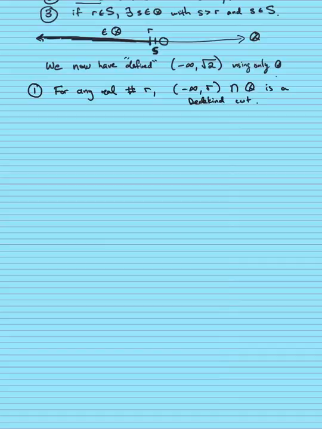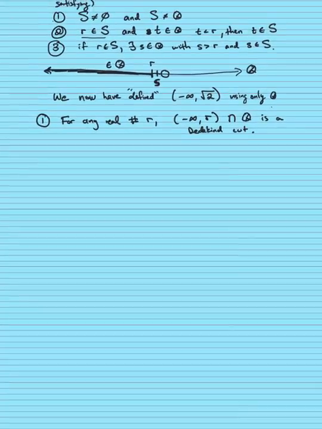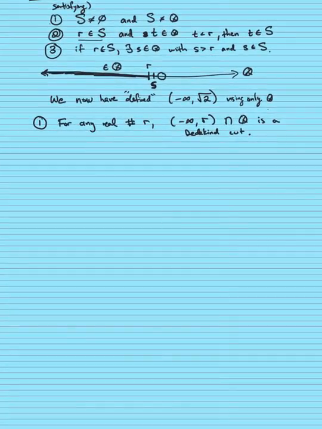Okay, so this is slightly misleading, right? I mean, you can check that, if you know what the real numbers are, they will certainly satisfy the above three properties. But again, remember, we wanted to define the real numbers using these cuts, okay? But in particular, I could take, for example, negative infinity to 0 or negative infinity to p over q, any rational number, intersect the rationals, and this will be a perfectly good Dedekind cut, okay?